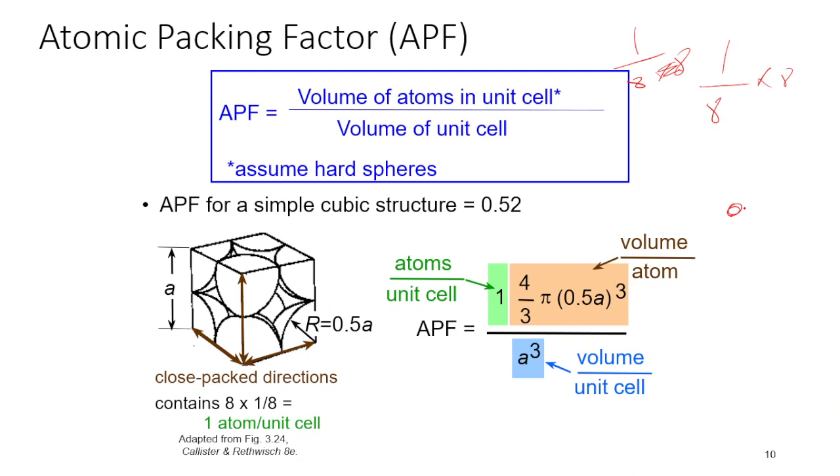So you'll have 1, 2, 3, 4, 5. This is the unit cell. It's a little difficult to draw this actually. Only 1/8 of the atom will be there, and this atom is shared by 8 unit cells, so your answer will be 1.